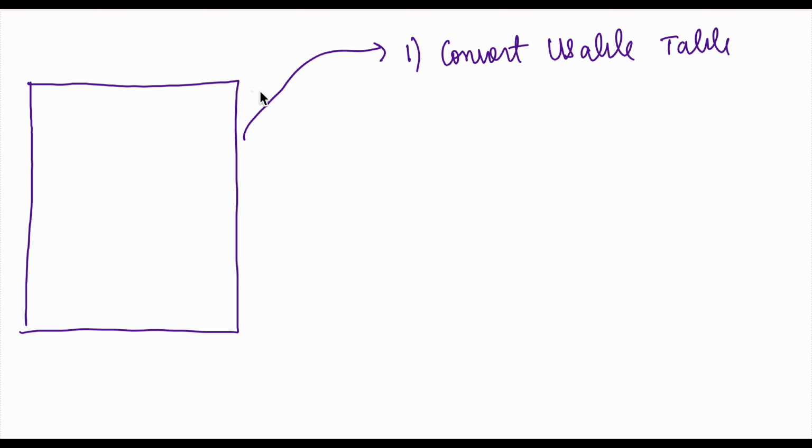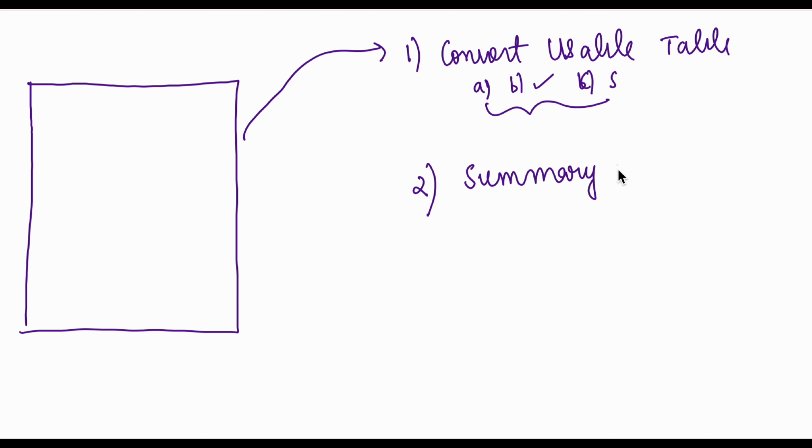For example, getting the discounted sale. Second was to get the region variable. Third was to get the sale category. So there were three actions which you needed to do to convert this into a usable table. Now once that usable table was done, you simply had to write a summary function across these new variables.